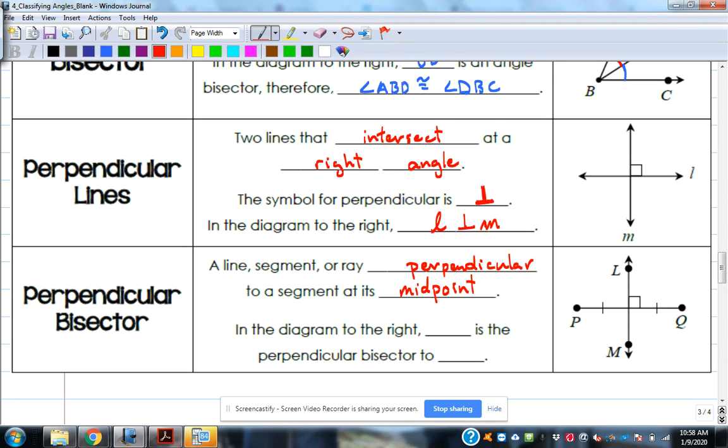So we got a perpendicular line or ray or segment that hits another segment right at the midpoint, and it creates a perpendicular bisector. In the diagram on the right, what is the perpendicular bisector to segment PQ? Line LM. And we use the notation for line, which is an arrow on each end.